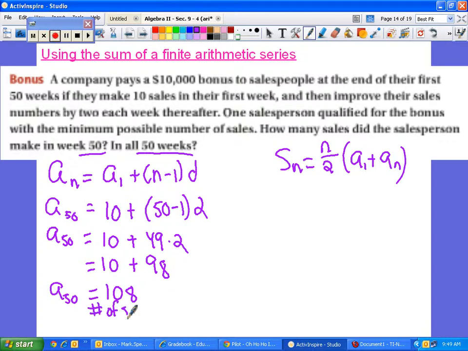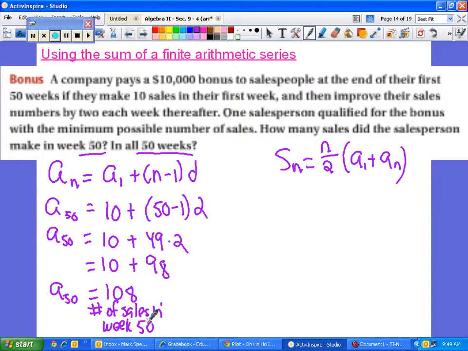I would remind you that on a test, in a word problem, you must indicate the units. Here the units are sales. So you must make some sort of notation of what 108 represents.